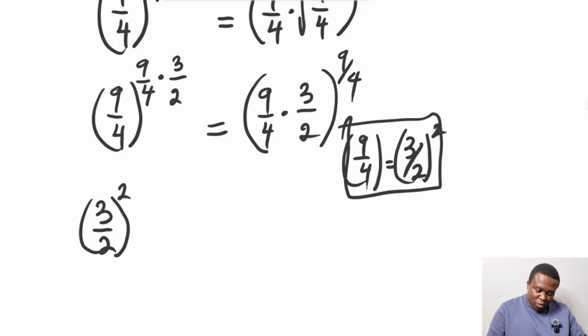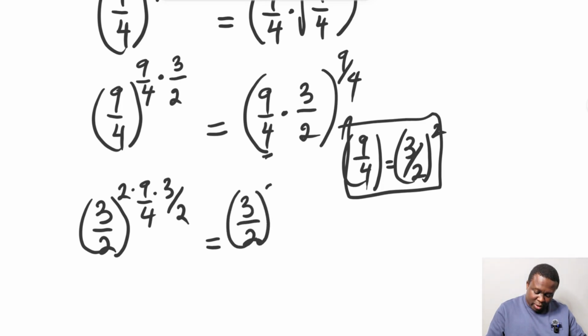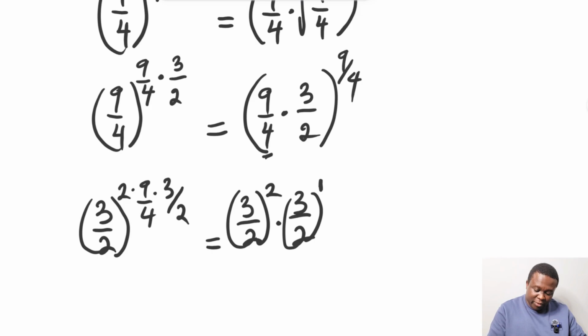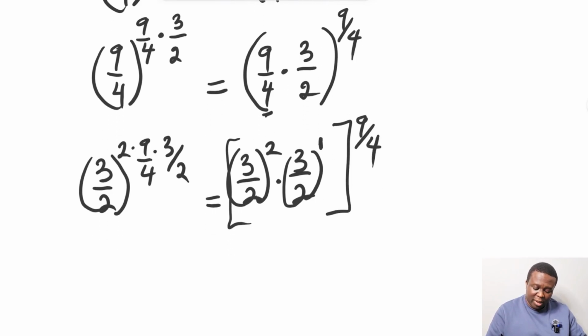Now this is 3/2, and this is equal to, let's rewrite this 9/4 as well, 3/2 squared dot 3/2. This will be raised to power 1. Now I'm just going to wipe this off. And now everything raised to the power of 9/4. So we're getting somewhere. All right.